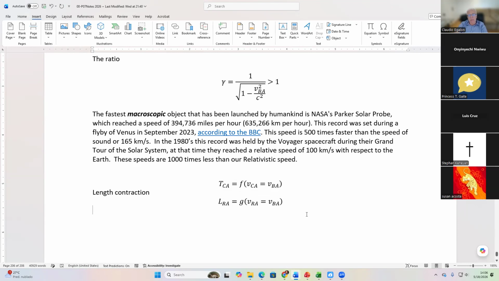The ruler is placed in referential B, at rest with respect to referential B, and the length again is going to be a function of the velocity. And by the way, what we get is a contraction in the length. How do we calculate that? How do we prove that?